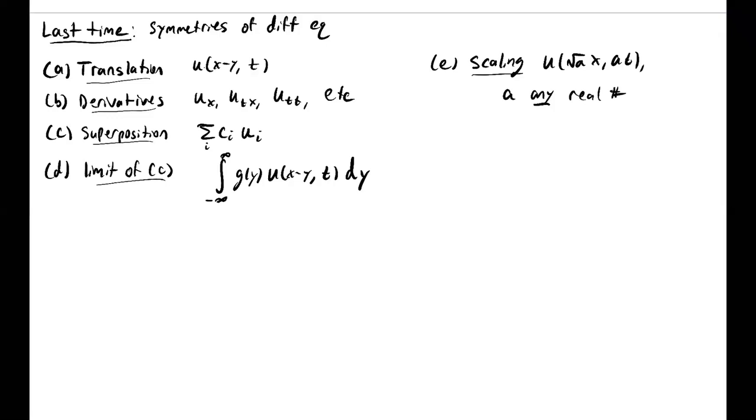The next symmetry was the superposition principle, which is the consequence of the linearity of the equation, which tells you that if you take any linear combination of solutions, so here each u_i is some different solution to the diffusion equation and the c_i are constants, then this linear combination will give you another solution.